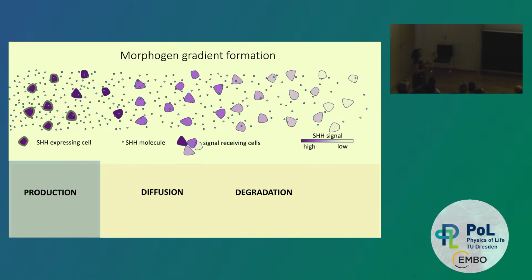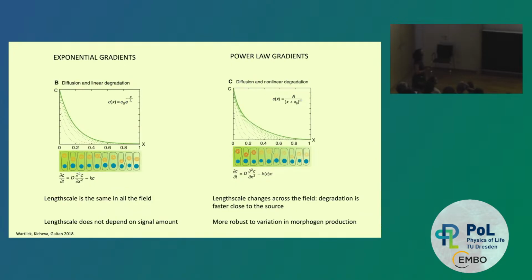Now, we've been through this with several people talking about gradient formation, gradient signaling in this meeting, as also during regeneration. Of course, we're interested in the production, the diffusion, and the degradation of the signal. And what type of profile do we expect? When it's just diffusion and degradation involved, we may expect a linear gradient.